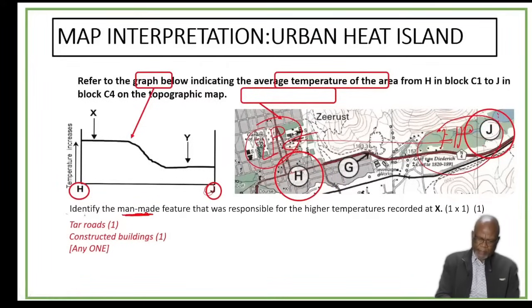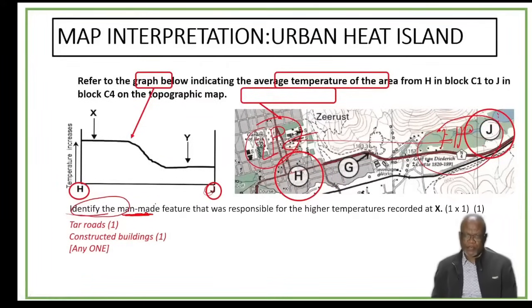So you will identify what the features are. After you have identified the features, you have seen these features that make temperatures low. The feature here is water. The feature here is vegetation. And then the feature here is road, and the feature here is also built up area.